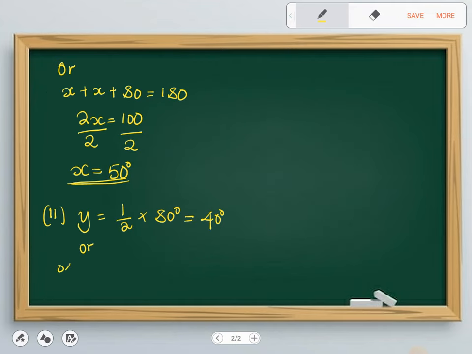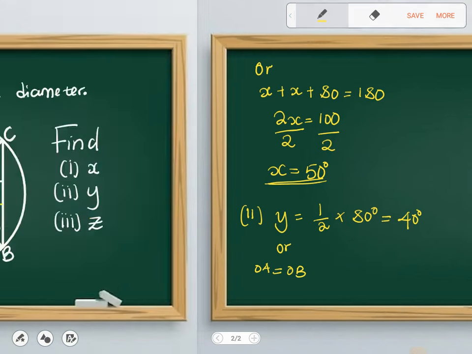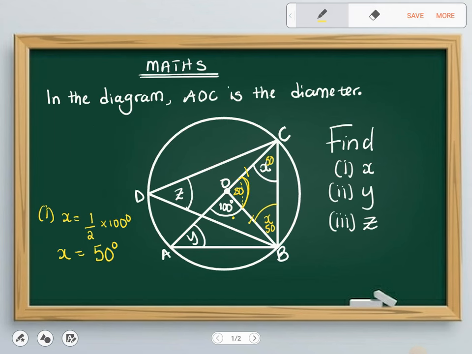Or, if you can't remember that, same thing: line OA and OB are equal. So OA is equal to OB. Since OA is equal to OB, this angle here, the y, and this angle here are the same. So let me put another y here; they are the same.